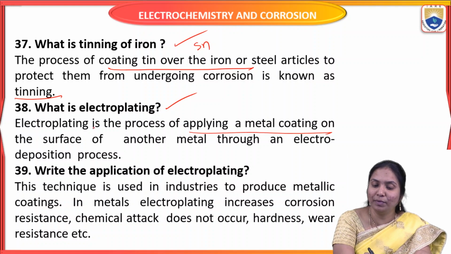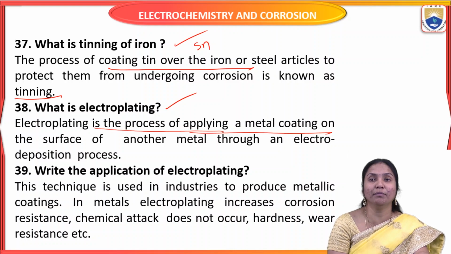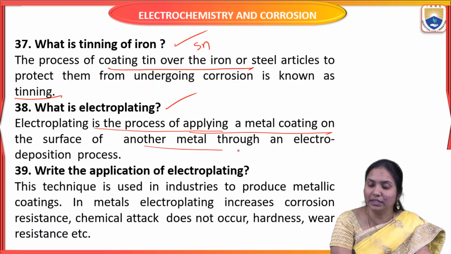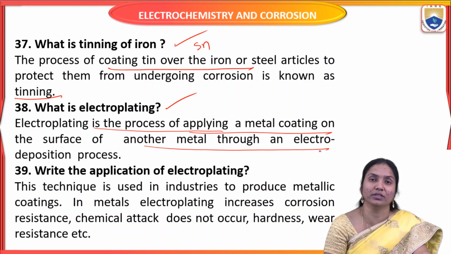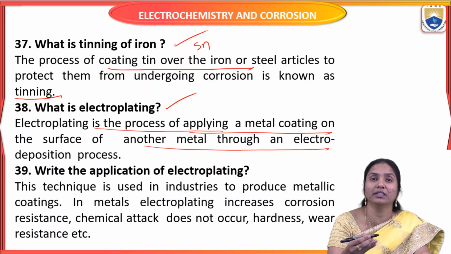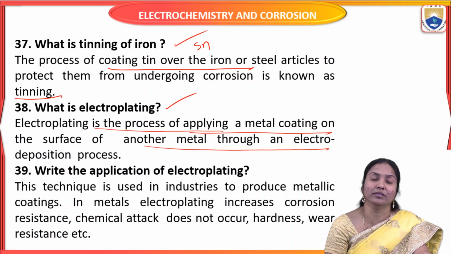It is a process of applying a metal coating on the surface of another metal through an electrodeposition process. By passing electricity through the electrolyte solution, we apply coating metal on base metal. Best example, nickel coating on base metal.